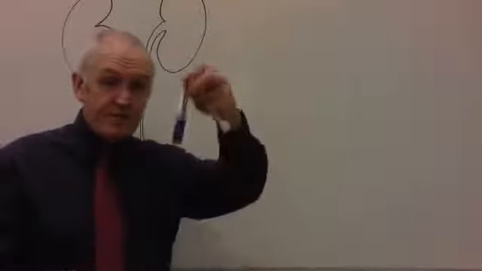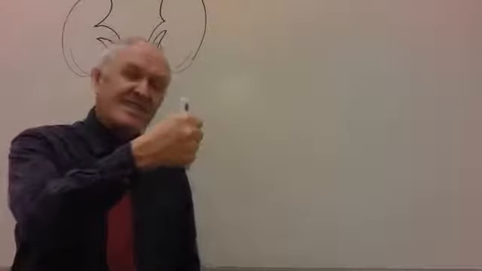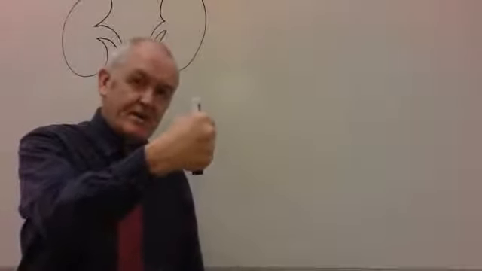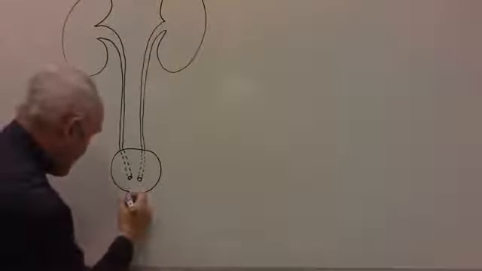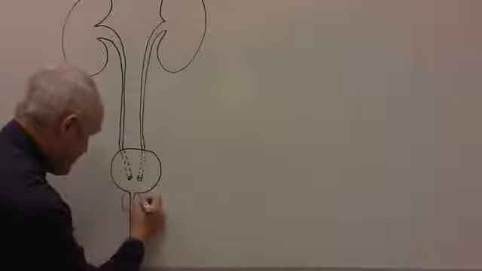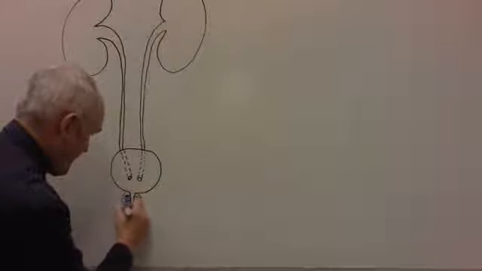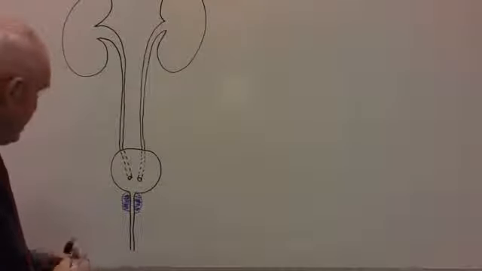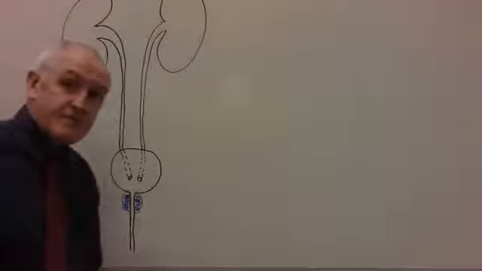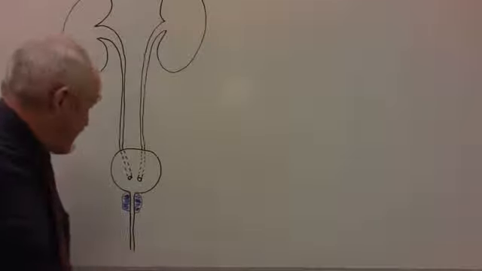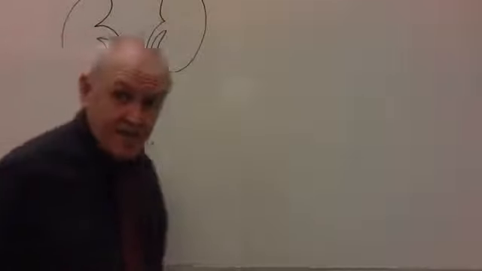So if that's the urethra, the prostate gland actually surrounds the urethra in men. So this would be the area of the prostate gland just here, surrounding the urethra. And this explains why men often have difficulty passing urine as the prostate gland enlarges.